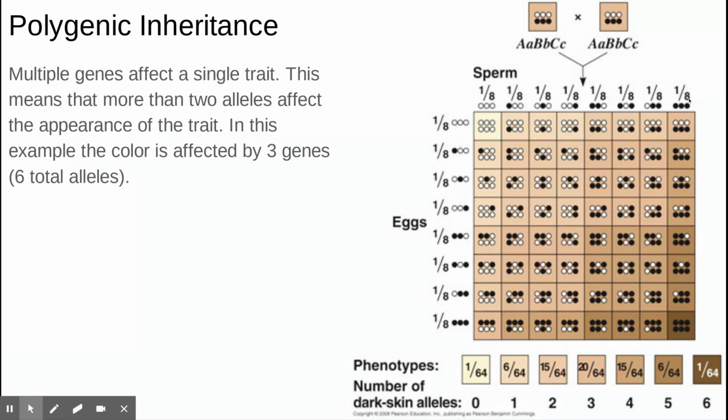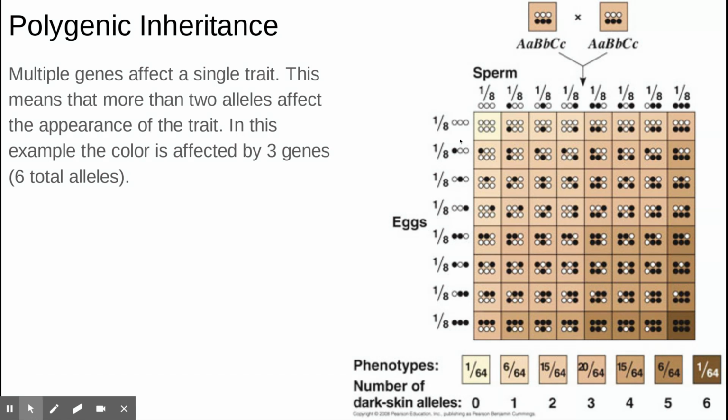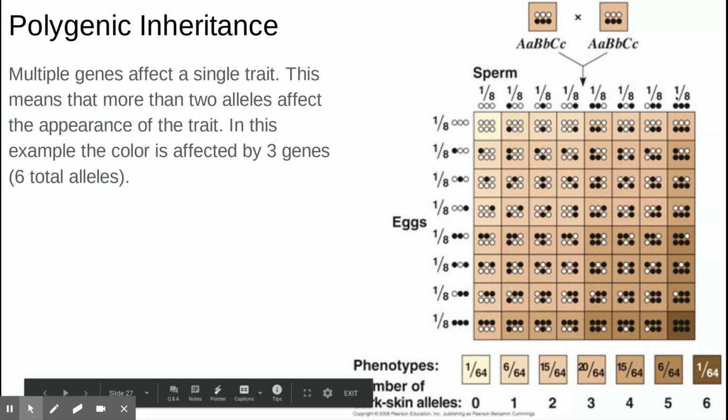So on this spectrum, you can kind of see where, let's say you could inherit up to 3 black melanin producing alleles from mom and up to 3 black melanin producing alleles from dad, or 3 white and 3 white. So only if you inherit all 3 white from mom and all 3 white from dad would you end up on the lightest end of the melanin spectrum, and only if you inherit all 3 dark from dad and all 3 dark from mom would you end up with all 6 dark.